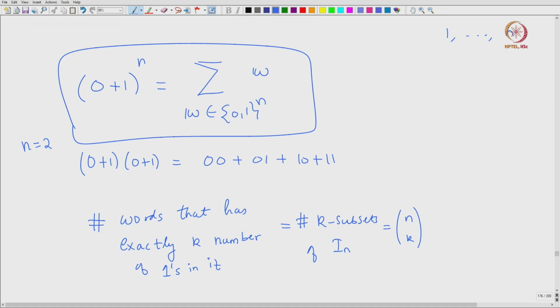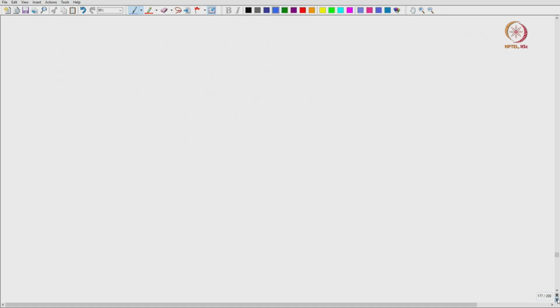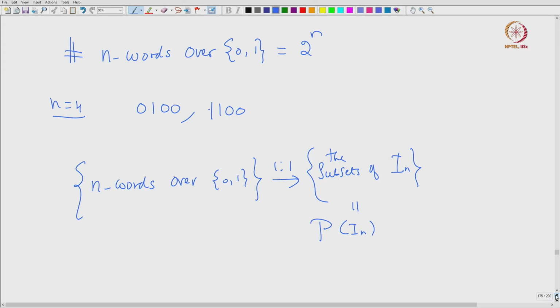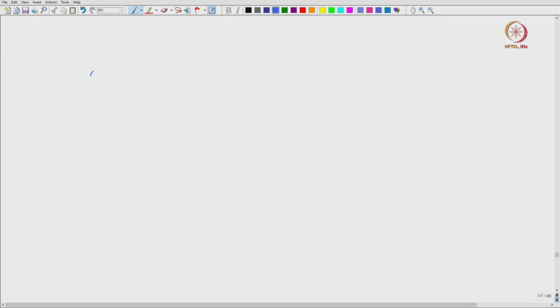Then we expand, and what we get is the following. If we expand (x + y)^n, we exactly get the same thing. This is the summation over all possible n-words that we can form from x and y.